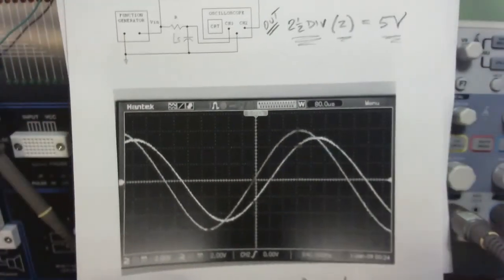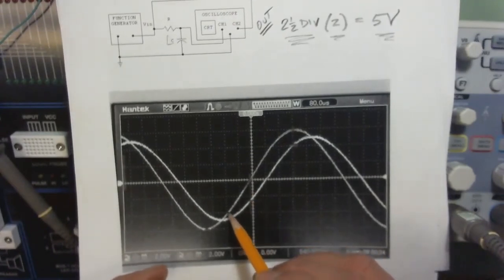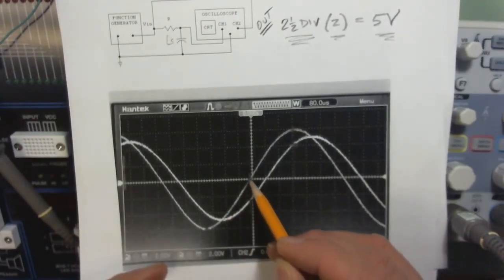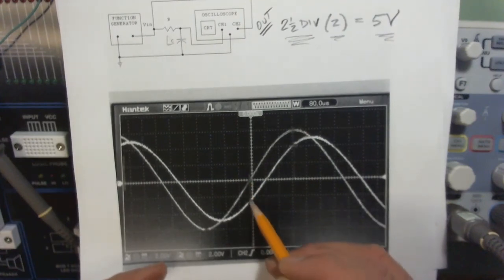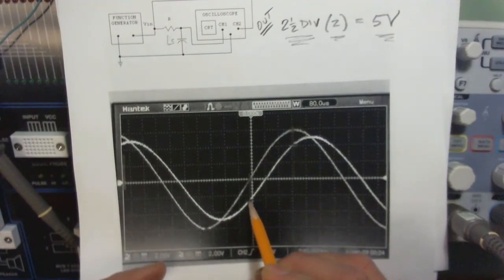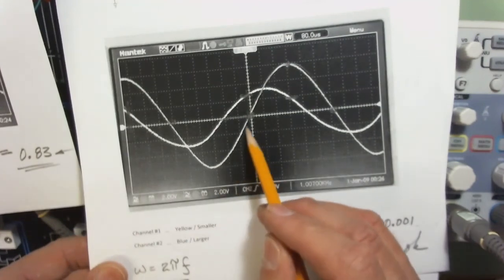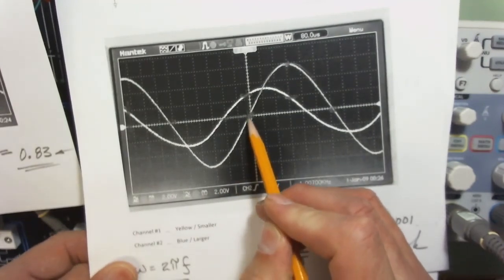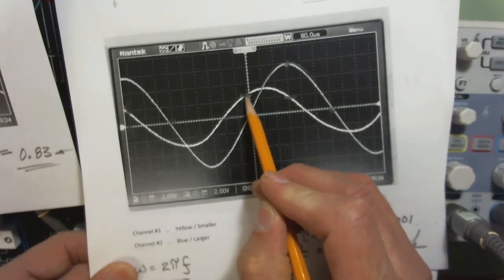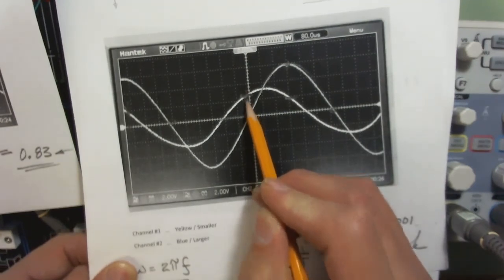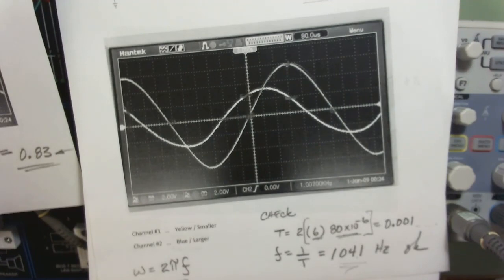So what we do is we've got this input, we look at where it's 0 and increasing, and the other wave is at a negative about 1 1/4 divisions. Then we go to this one. This input one, again, it's at 0 and increasing. And this other wave is now at about positive 1 1/4. Okay, well, negative 1 1/4 times 2 plus 1 1/4 times 2 gives you 0.